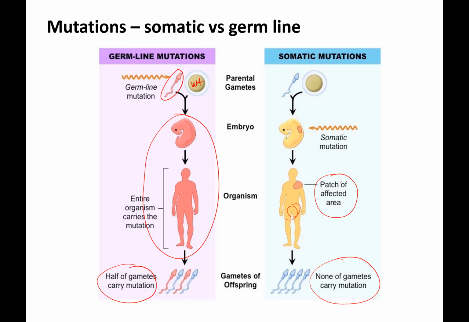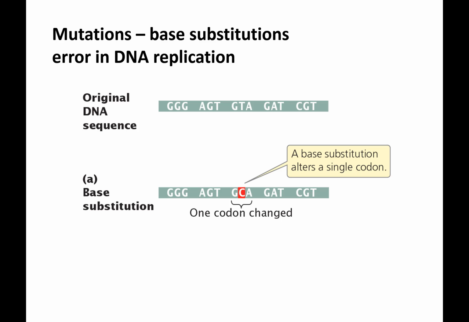Without changes in gene sequence, there's no way to adapt and evolve with the environment. We also make mutations in the lab on purpose in order to study gene function. So let's just talk about a couple different types of mutations.